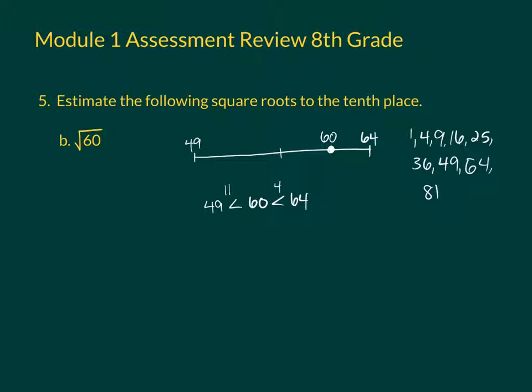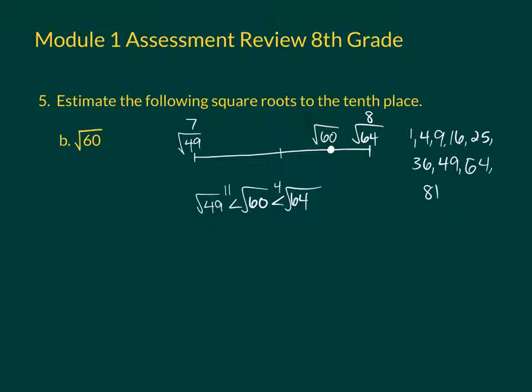Again, we're not looking at 60, we're looking at the square root of 60. So we get to put square roots on each of these guys. Since 60 is in between 49 and 64, the square root of 60 is in between the square root of 49 and the square root of 64. We know the square root of 49 is 7, and the square root of 64 is 8.